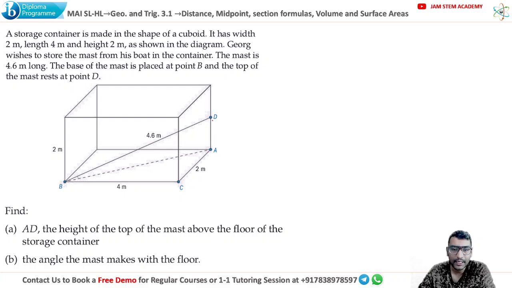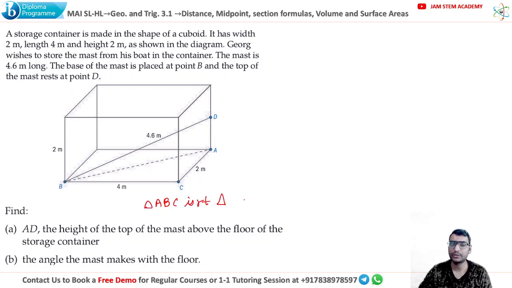What is AD? This portion is AD, right? And as you can see, the triangle BDA is a right angle triangle. If we have any two side lengths, we can find the third side length easily. So what is BD? It is already given as 4.6. Now, what is AB? AB is the diagonal of the base of the cuboid, and this triangle ABC is a right angle triangle.